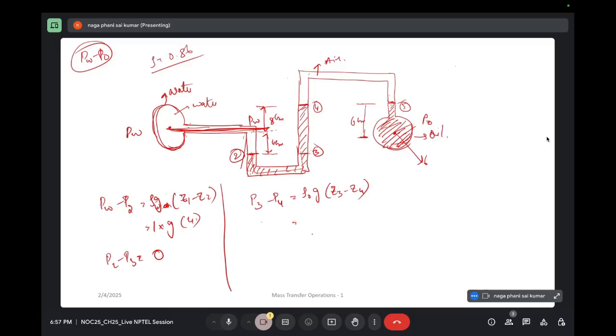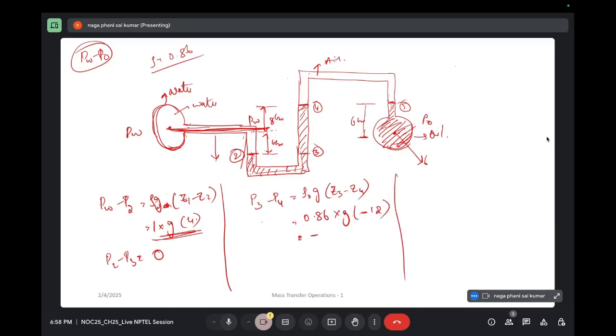So density of oil is 0.86 into G, and what is the height difference? So this direction we are taking positive, right? So this will be negative, because here we took it as positive. So this will be minus 12. So what will be the value? Just simplify it and tell me the final value.